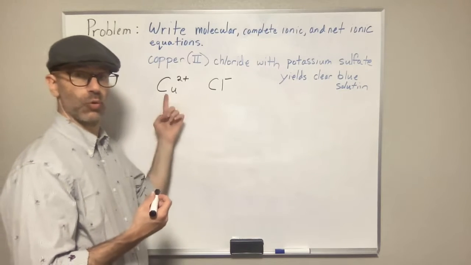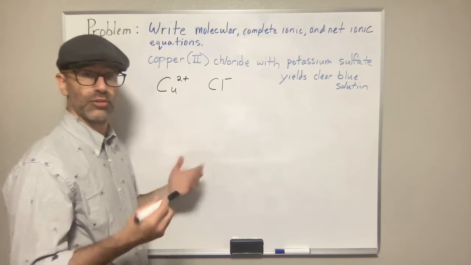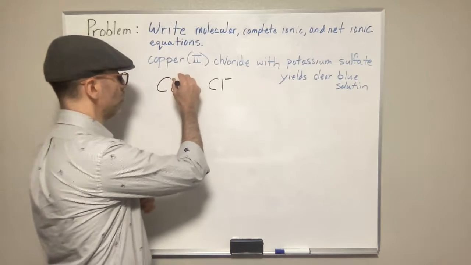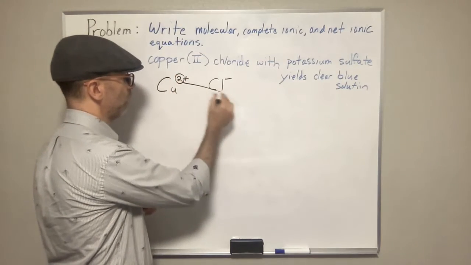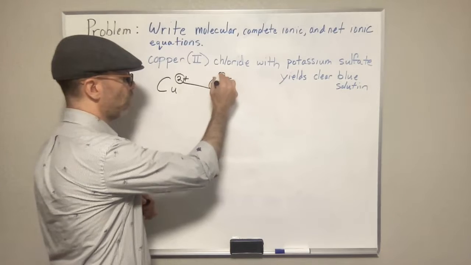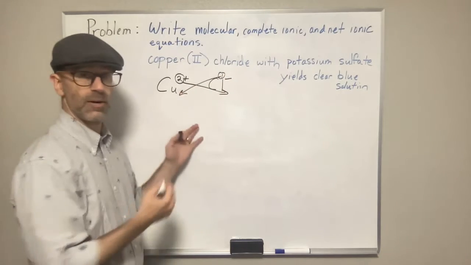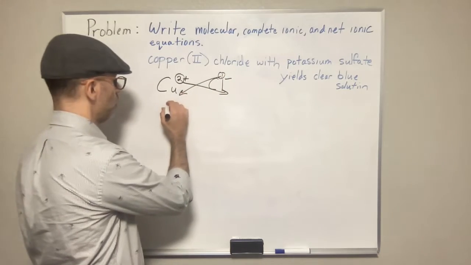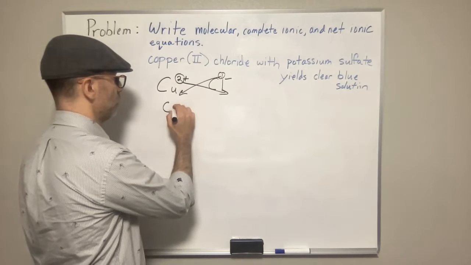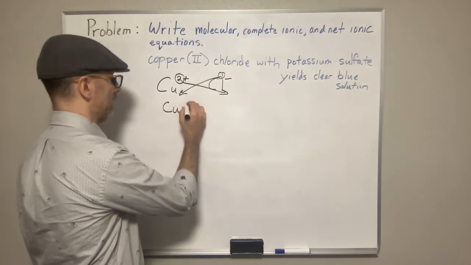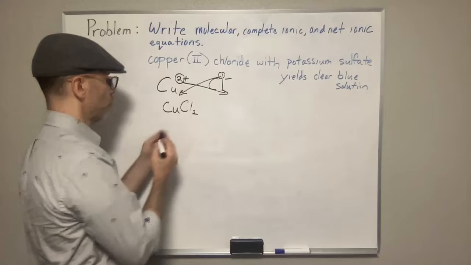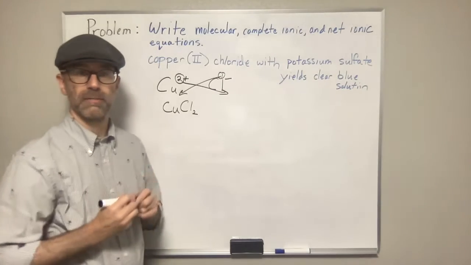So it's 2 to 1. Another way is to use the crisscross method. This number I put as a subscript over there, and the 1 over here I put as a subscript there, and I get my formula. Either way, it's CuCl2. That's my first substance.